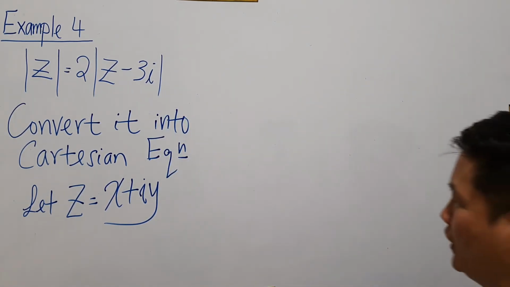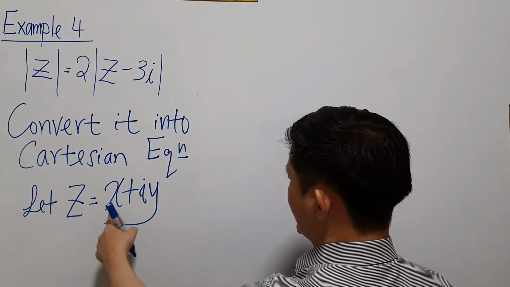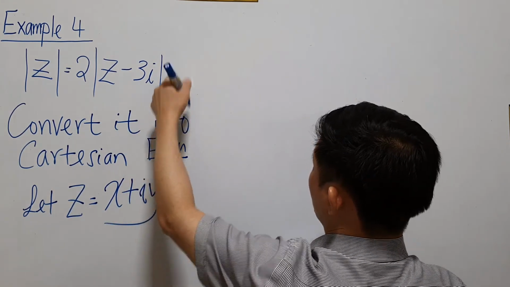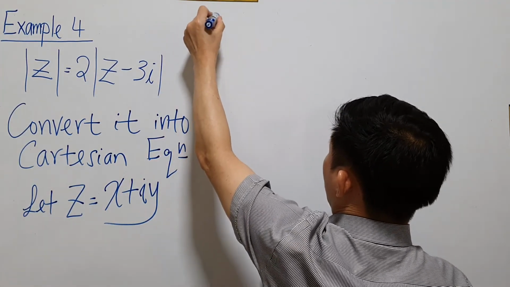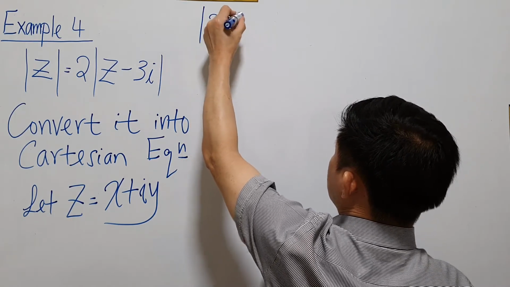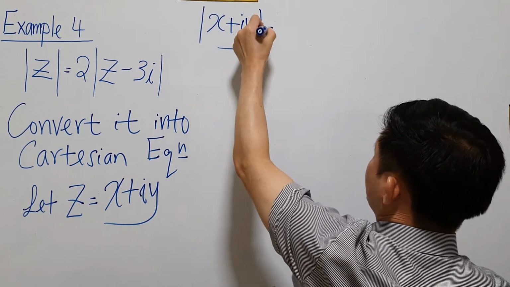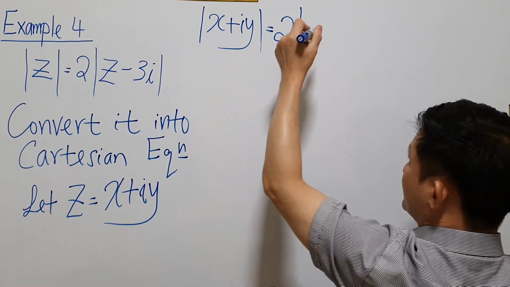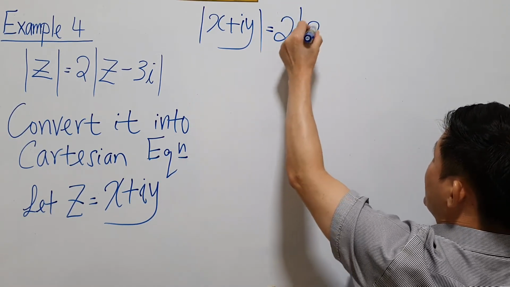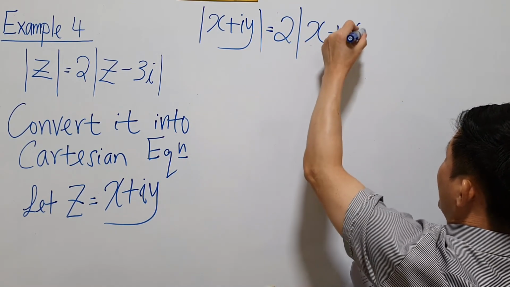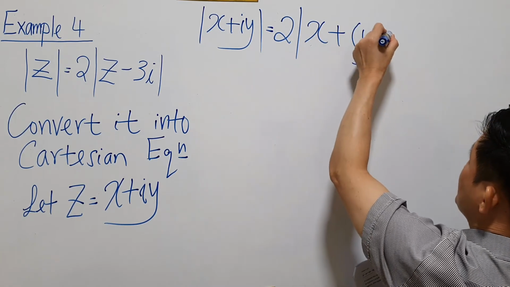The way to do it is to replace the z with x plus iy. On the left hand side, I'll replace the z with x plus iy. On the other side, I'm going to do likewise, and I straight away tidy it up into this form.